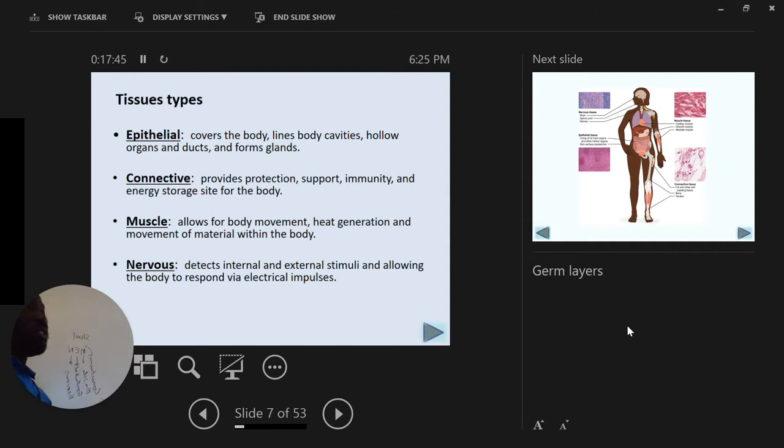You have the connective tissues. From the word connective, what comes to mind? It connects. So it binds cells. It binds, it connects. That's the major thing. I will be linking it when I talk more about it. And from the word connect, you can think of support.